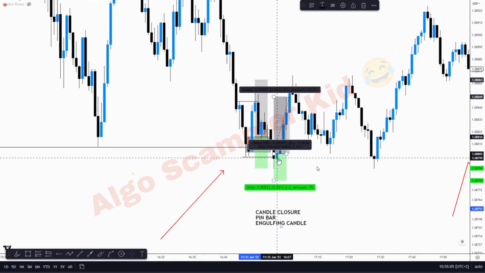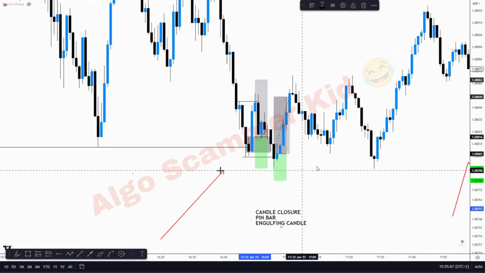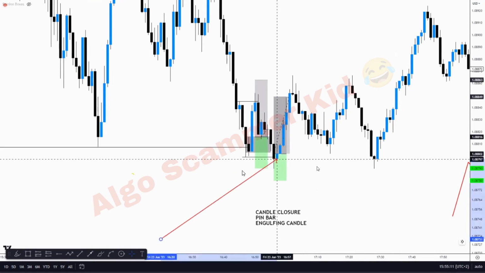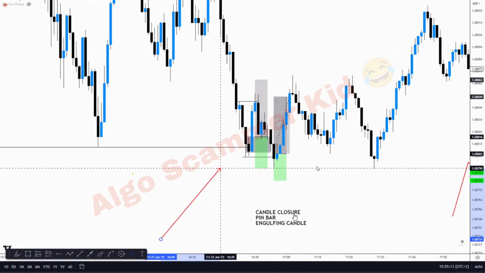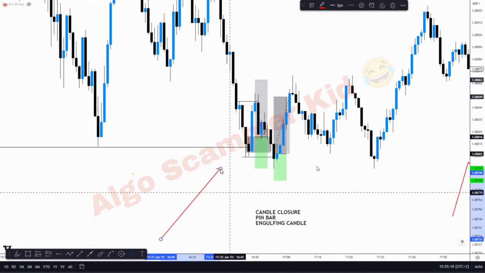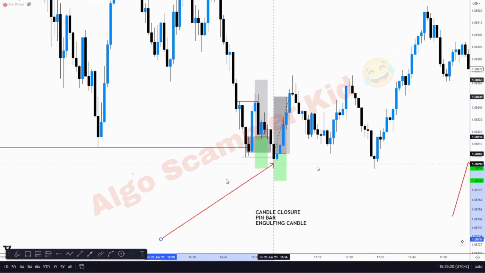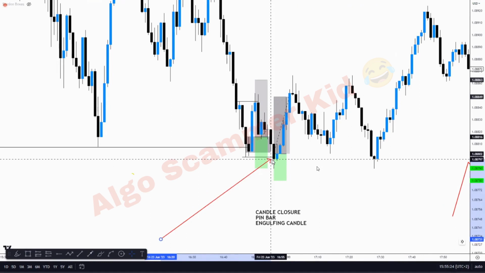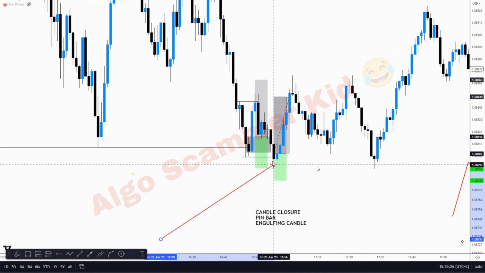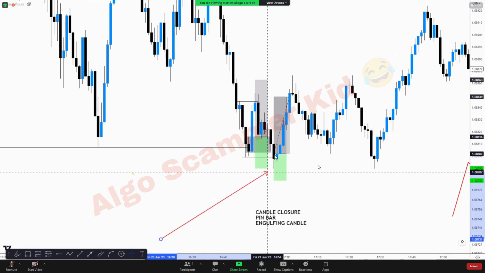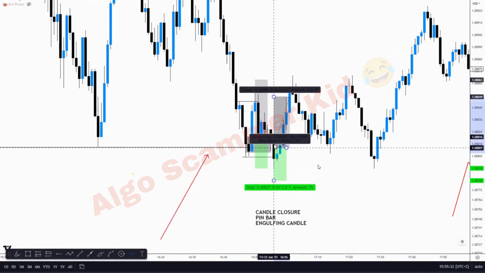This is me looking for buys. So I'll be waiting for the first bullish candle to form. The first bullish candle to form is my candle closure. That is where I enter off from. The next entry will be based off pin bar. If I find a pin bar at this zone, like this bearish candle here is a pin bar, this bearish candle here is somewhat like a pin bar, I can enter based off this pin bar immediately the pin bar finishes forming.